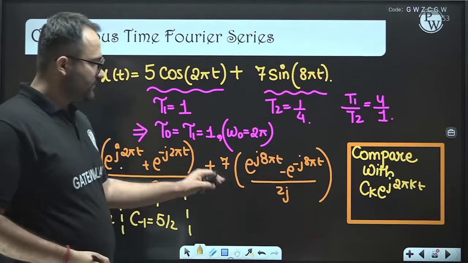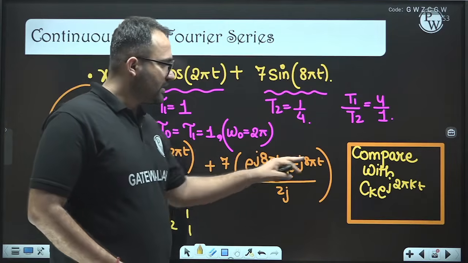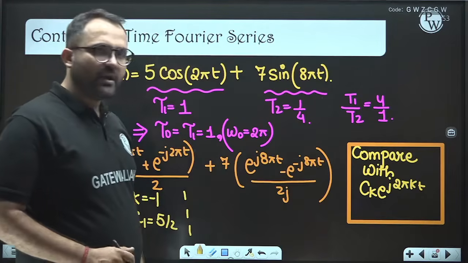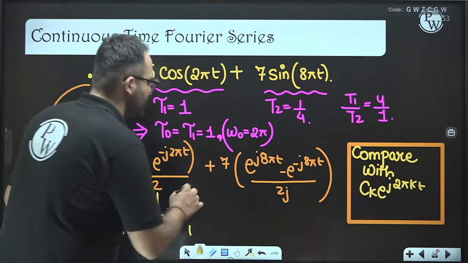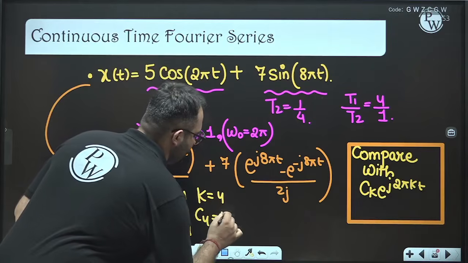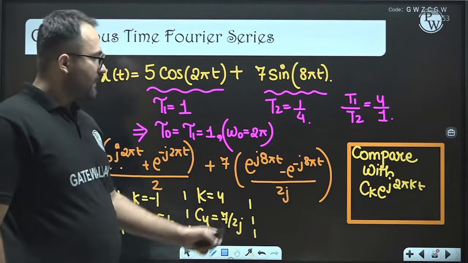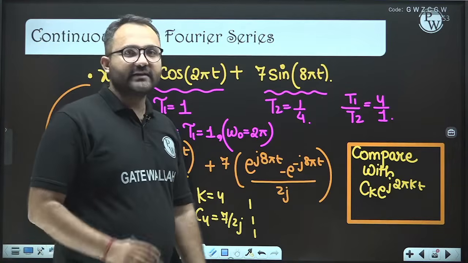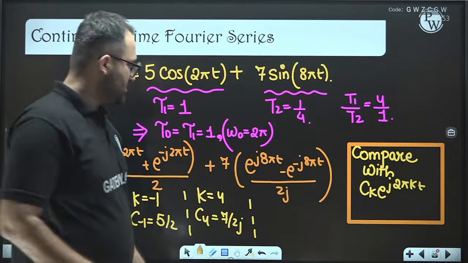Now here, if we compare the exponential powers, k is equal to 4, and the coefficient is 7 by 2j. So k is equal to 4 and c4 will be 7 by 2j. Lastly, if we compare the exponential powers, we get k is equal to minus 4 and the coefficient is minus 7 by 2j.